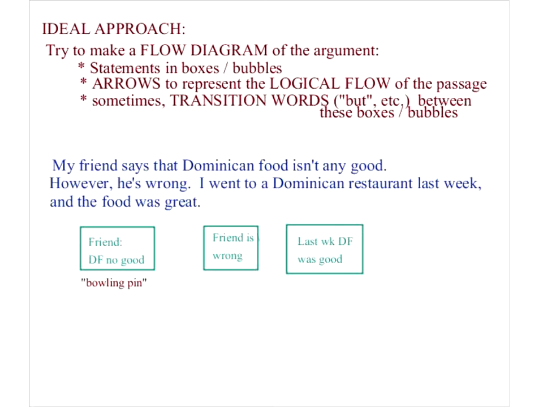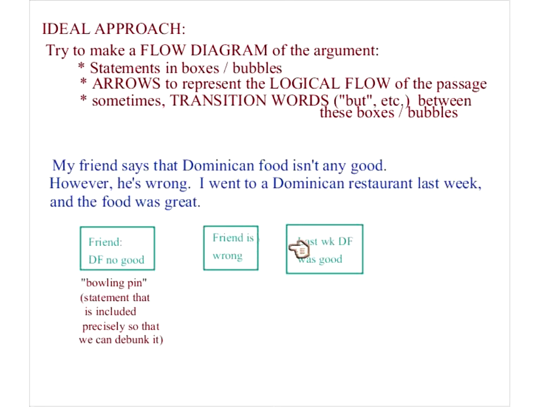So a bowling pin is basically something that you put up for the sole purpose of knocking it down. So in other words, this is a statement that is included specifically so that it can be knocked down. It's included precisely so that you can debunk it. Debunk meaning, we can knock it down, we can disprove it.